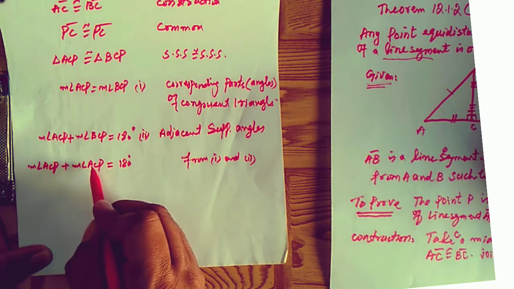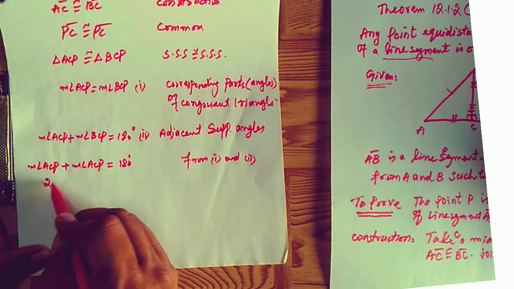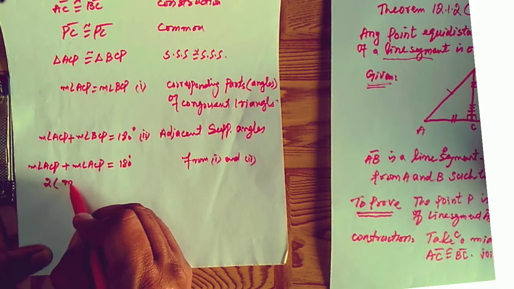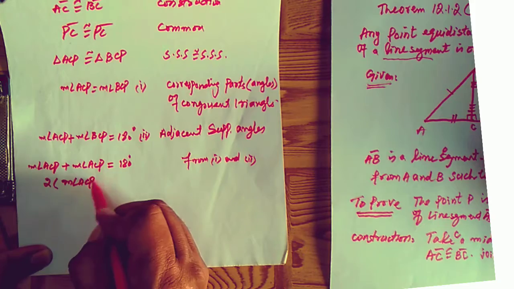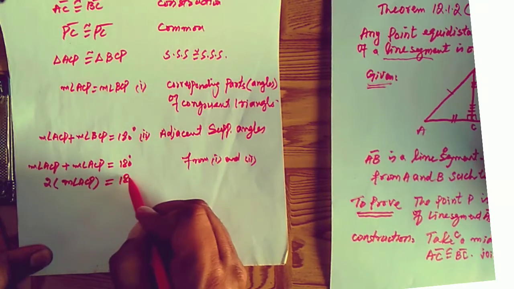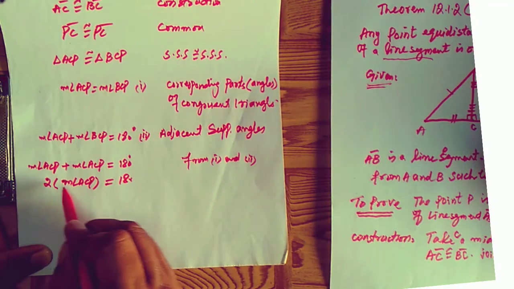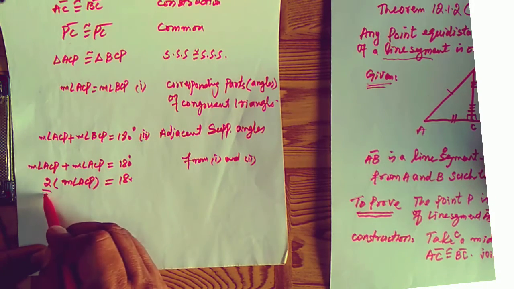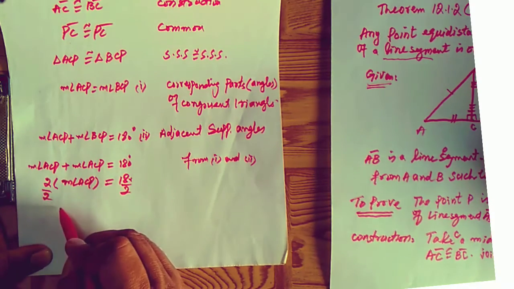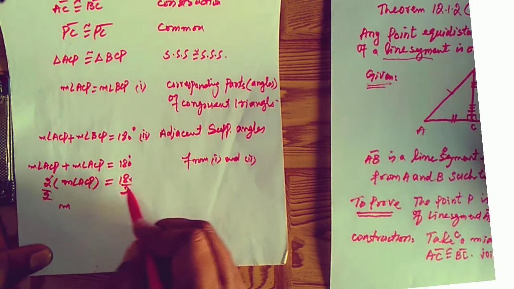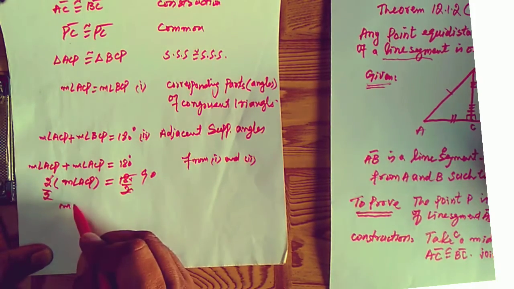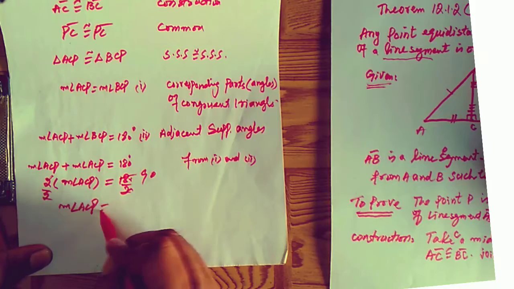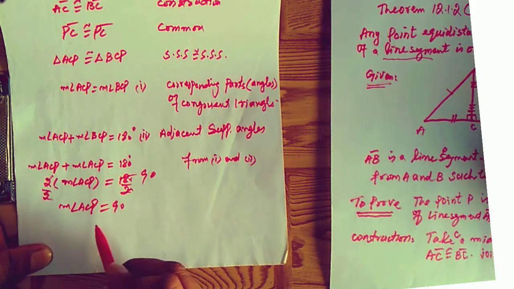On adding, 2 angle ACP is equal to 180, dividing both sides by 2, angle ACP is equal to 90.